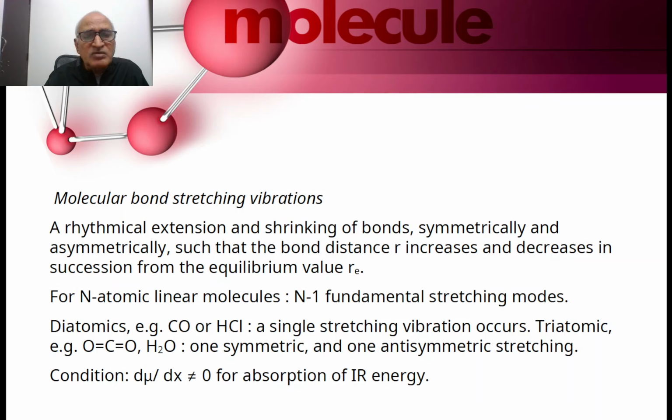Or a triatomic molecule like carbon dioxide, which is also linear, the formula says two stretching vibrations will be found, symmetric and antisymmetric. Usually, the antisymmetric vibration has a bit higher energy than symmetric one. Similar is the case for non-linear triatomic molecules like water, also shows two stretching vibrations, symmetric and antisymmetric.